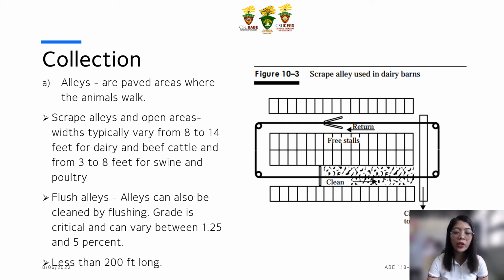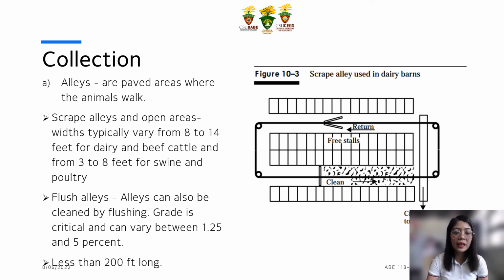So the width generally varies from 3 to 10 feet depending on the animals. So underslot gutters and alley channel width should not exceed 4 feet. So the width of open flush alleys for cattle is frequently 8 to 10 feet.